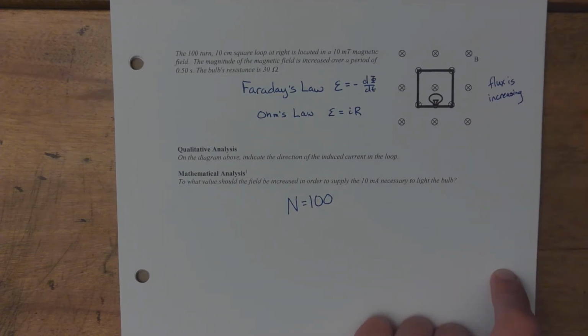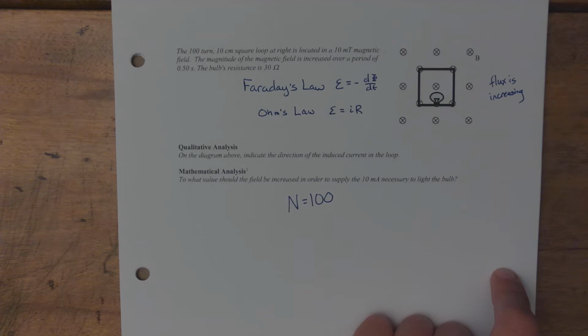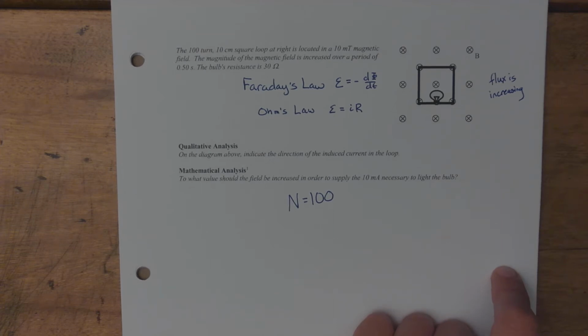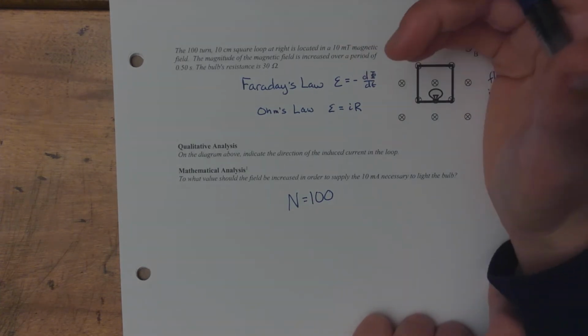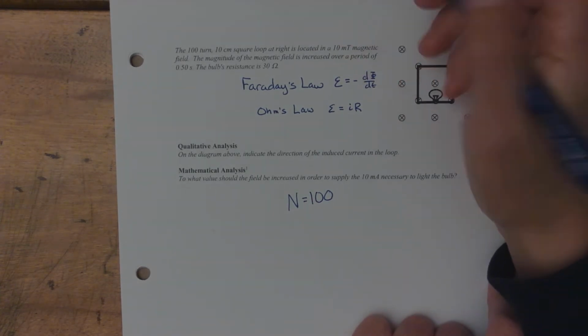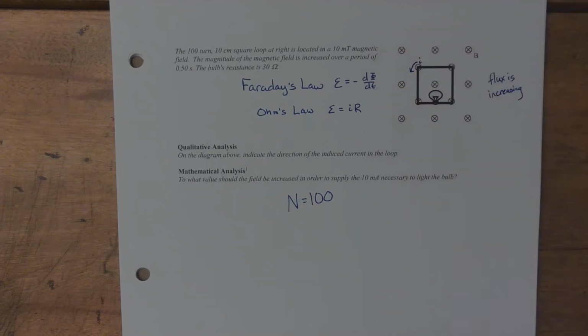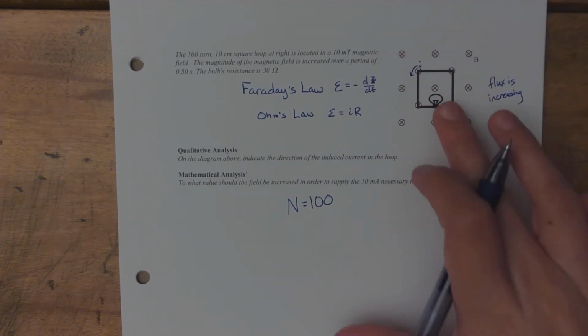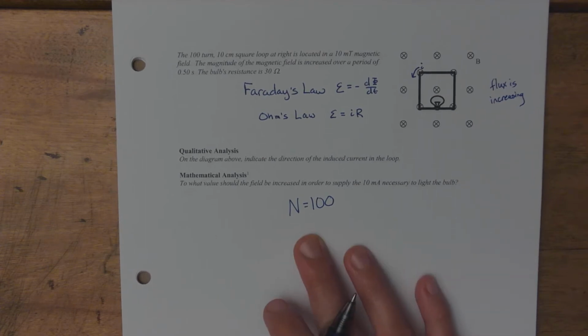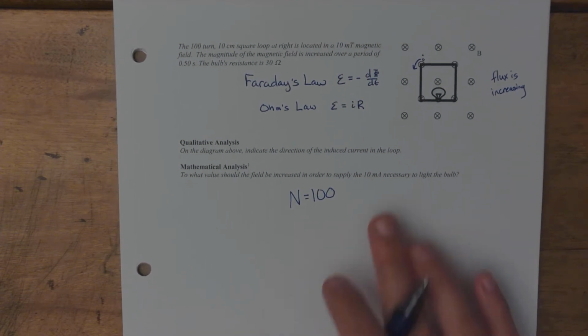If the flux is increasing, I'm going to induce a magnetic field in the opposite direction because Lenz's law says nature abhors a change in flux. So we get a current pointing this way, going in this direction, because the magnetic field is pointed out of the page.